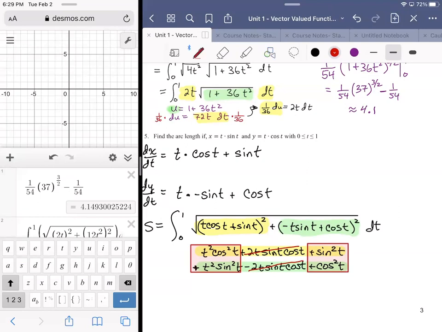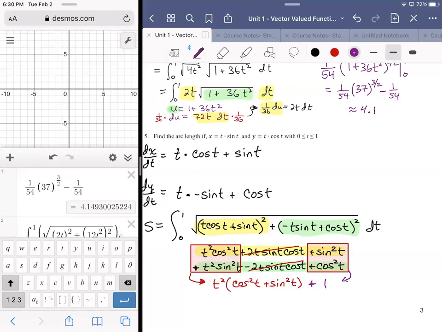So for this guy, I can factor out a t squared, and we'll have cosine squared t plus sine squared t. And then for this one, that's just a 1. All right, that's our Pythagorean identity.